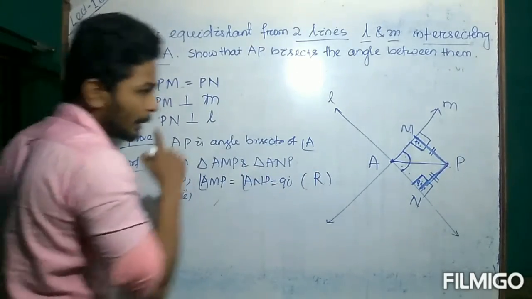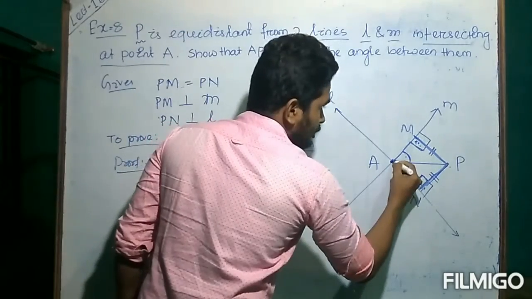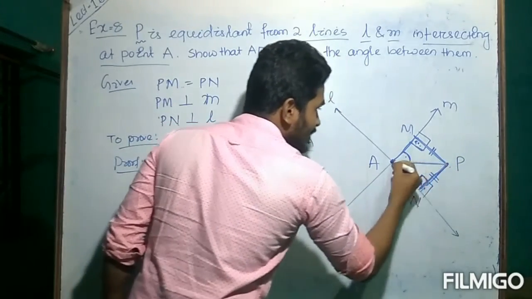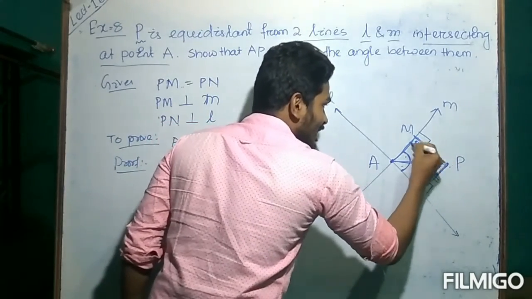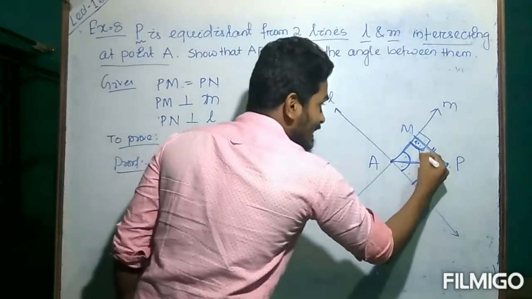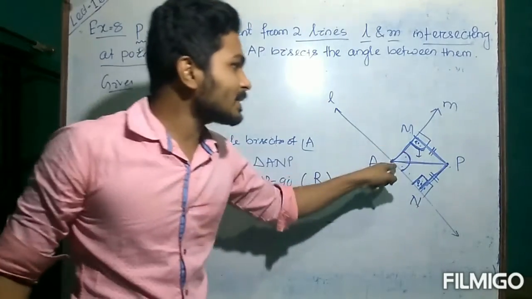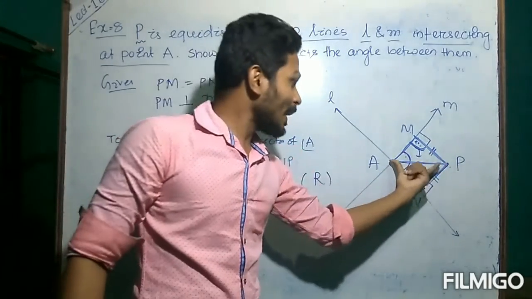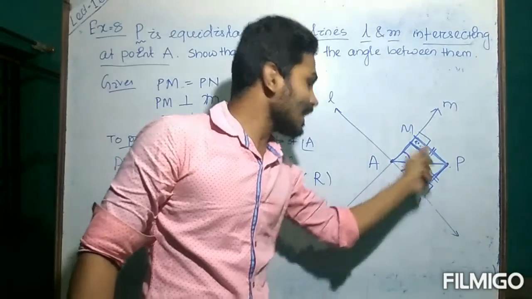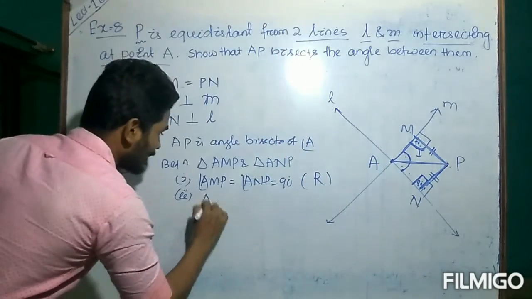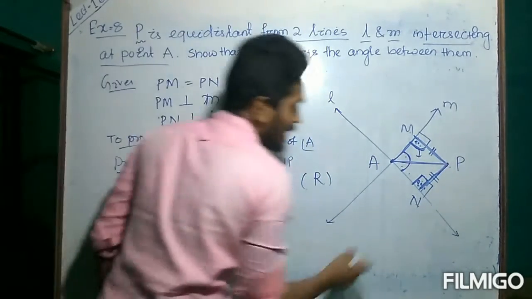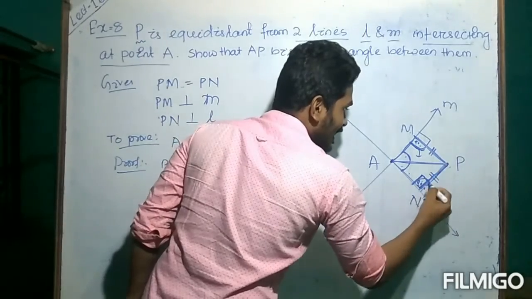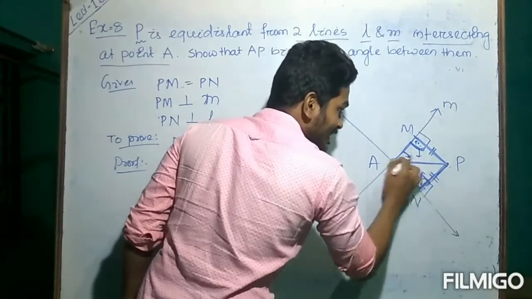Okay, it is given. So it stands for right angle. Second condition is, see, if we consider this as a triangle, then this one is the 90 degrees, and I have told you the opposite side of 90 degrees is known as the hypotenuse. So AP is the hypotenuse for the triangle AMP. Similarly, for the triangle ANP, this is 90 degrees, so its opposite side is AP.